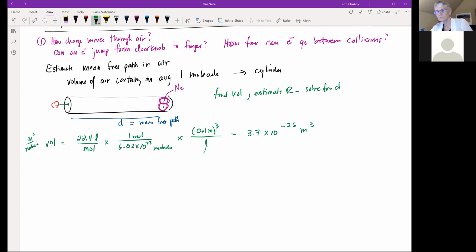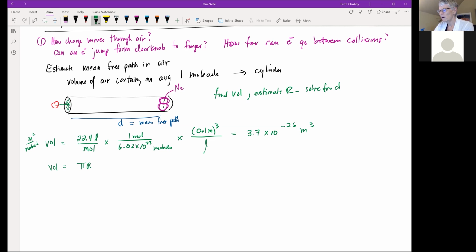Now to solve for D, we're going to set this equal to the volume of the cylinder. What's the volume of the cylinder? Well, it's the cross-sectional area times the length, right?